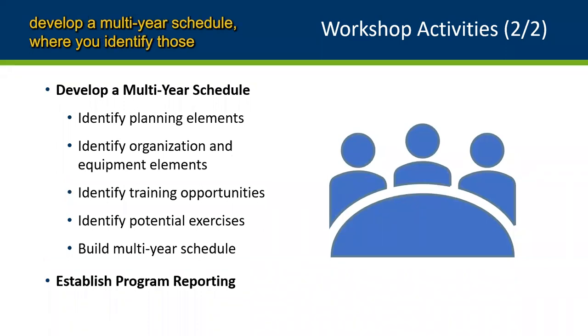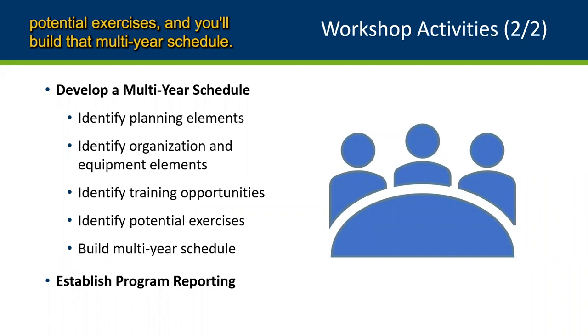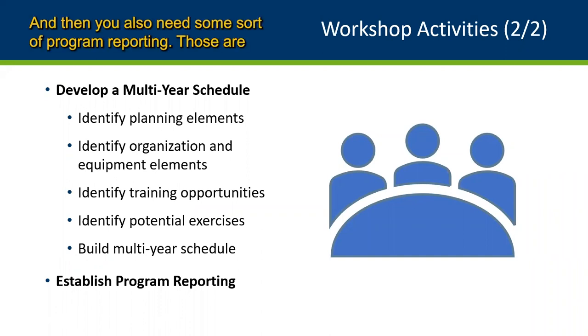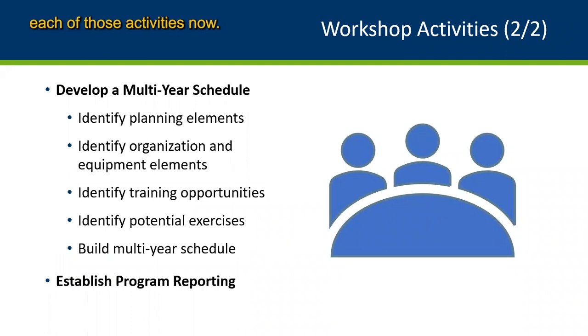You'll develop a multi-year schedule where you identify those elements that I showed you on the chart, the planning element, the equipment elements, the training opportunities, the potential exercises, and you'll build that multi-year schedule. And then you also need some sort of program reporting. So those are the elements of the workshop. I'm going to walk you through each of those activities now.